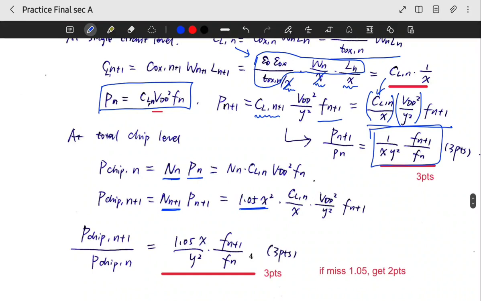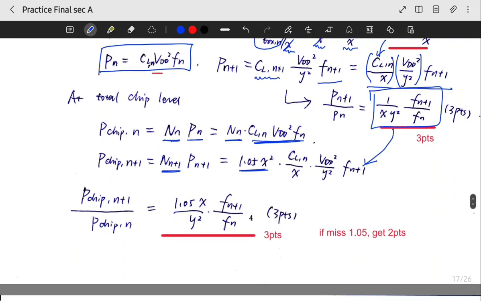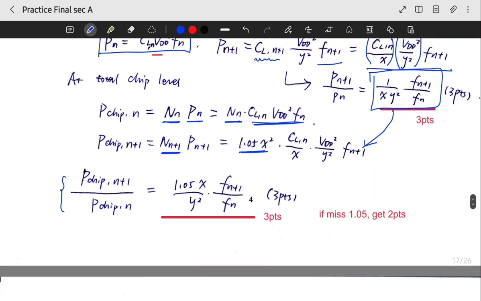So we plug in that, and we plug in this one, and we already defined this one as our single circuit power, and we have number of transistors N n here. And finally, you can find the ratio between the P total n plus 1 over P total n. Here we have 1.05 X over Y squared times F n plus 1 over F n.